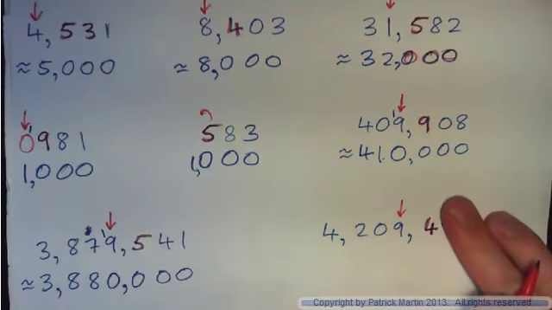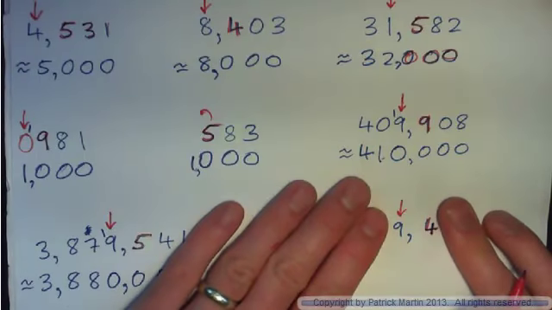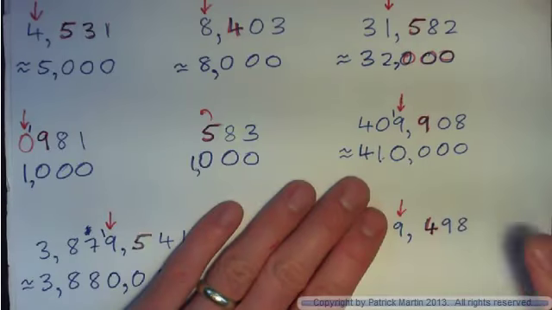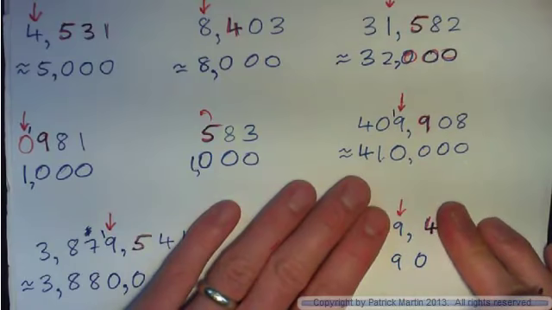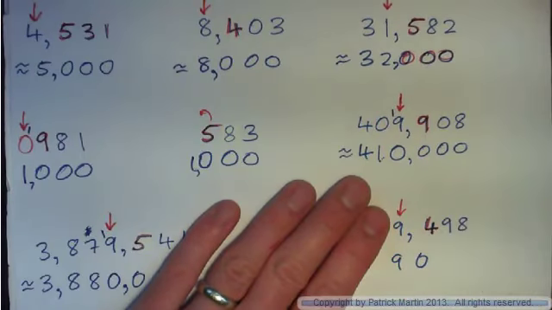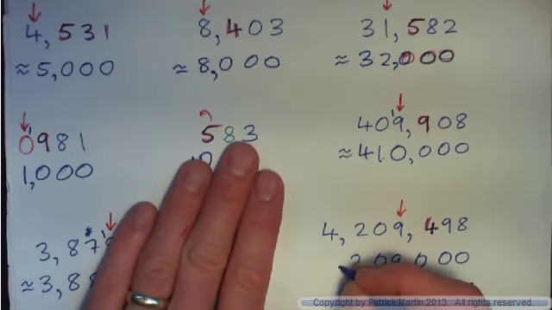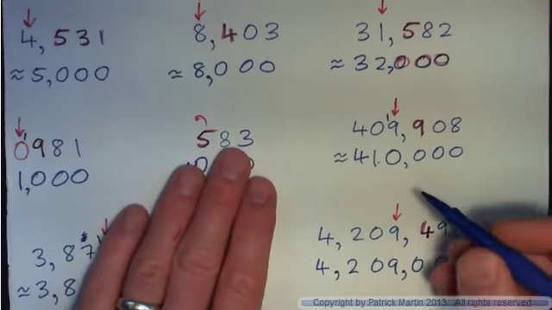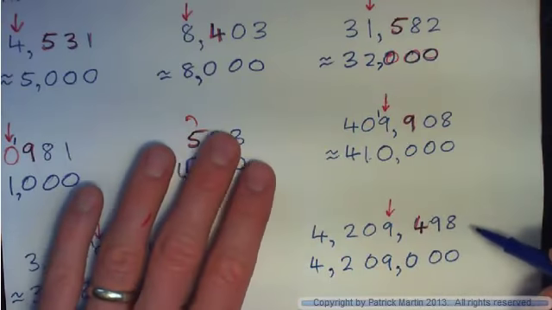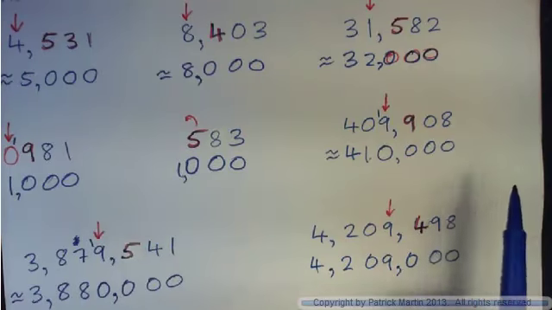Do I round up or down? 94 rounds up or down? Oh, it just rounds down to 90, right? 94 rounds down to 90. And of course these are zeros, and the rest is the same. So if a big piece of land cost $4,209,498, you could round that to $4,209,000, right?